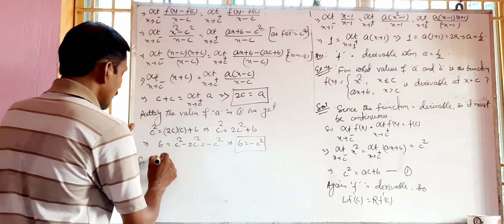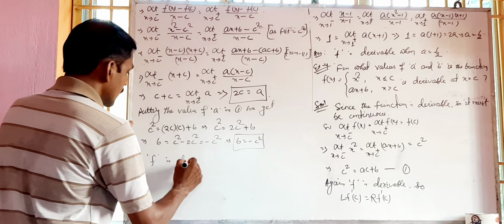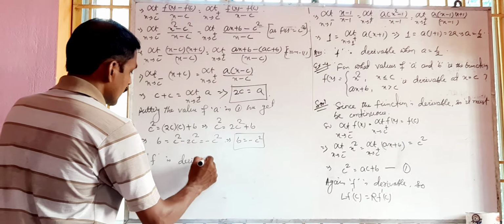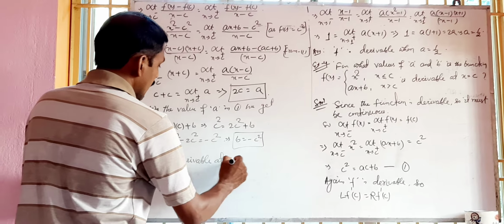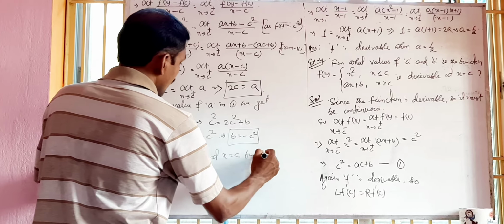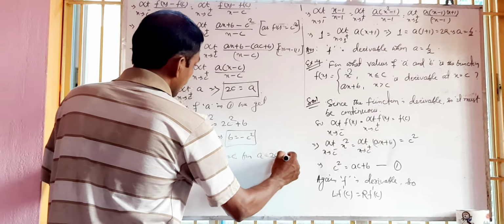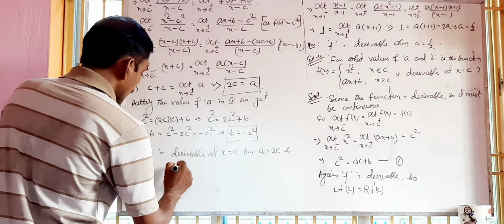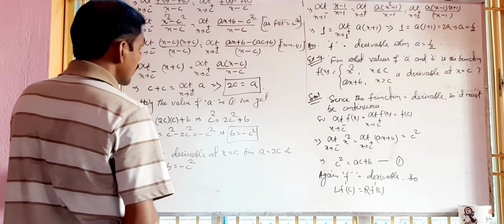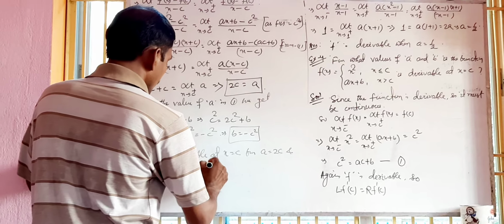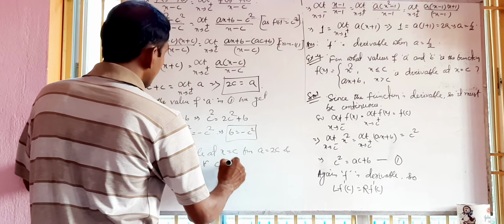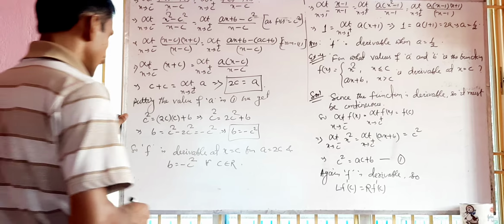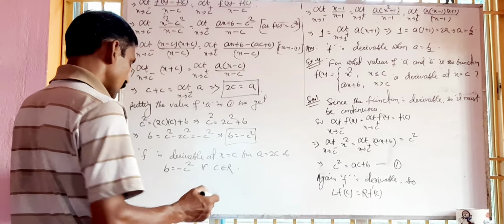So f is derivable at x equal to c for a equal to 2c and b equal to minus c square, for all c belongs to R.